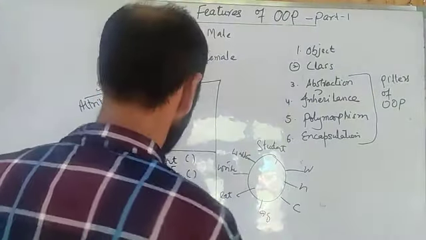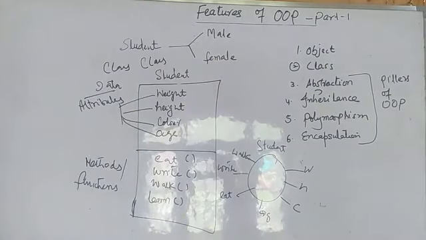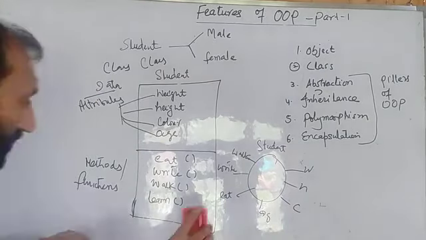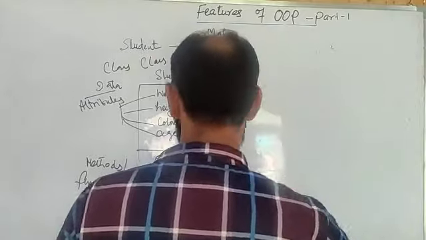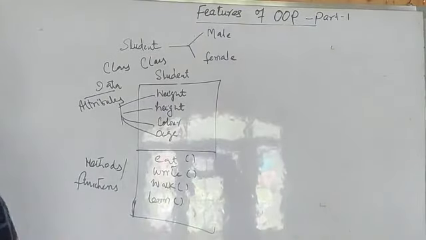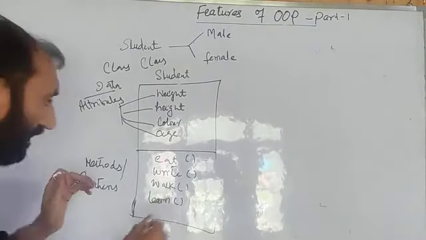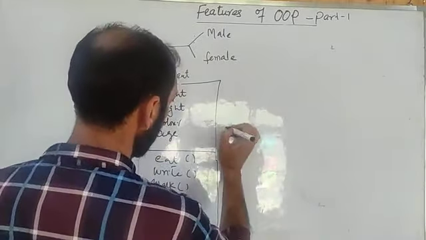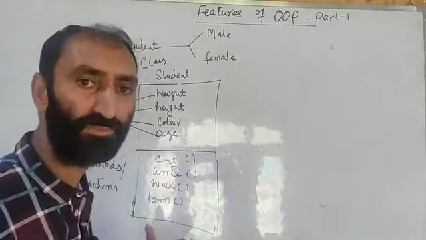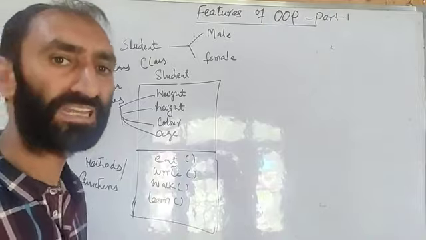For example, here only I can write: the student can be either male or female, so there can be two categories of students.